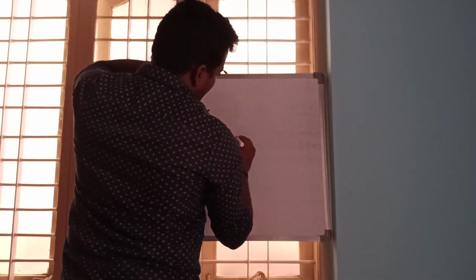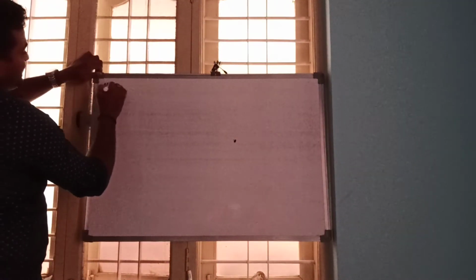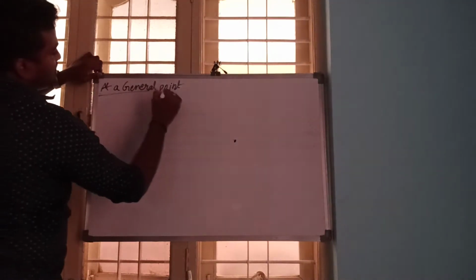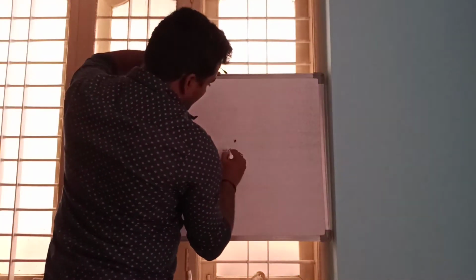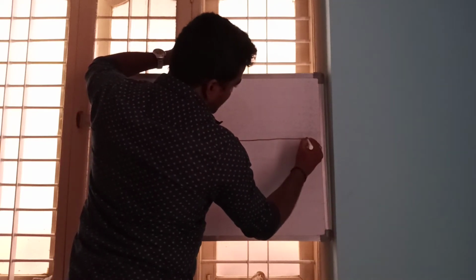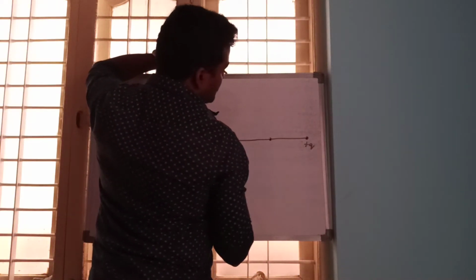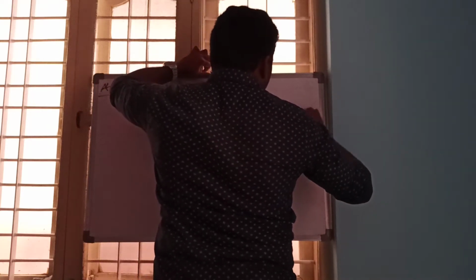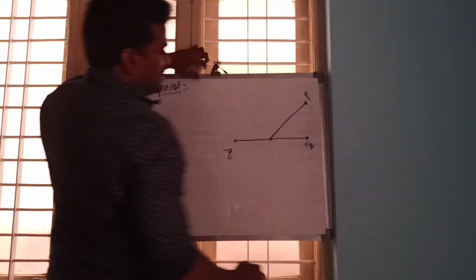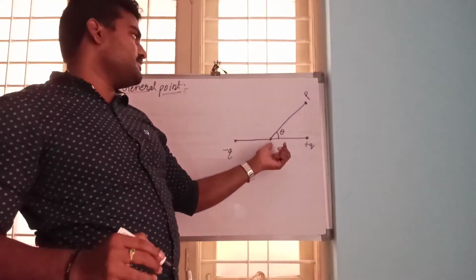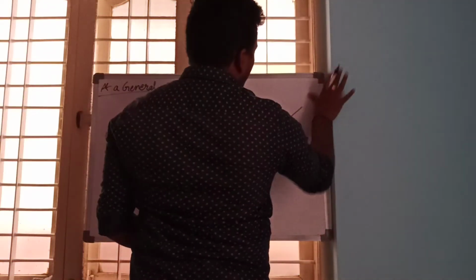If they have given an angle theta, or the point is making an angle theta from the center of the dipole, at a general point, so I am considering a dipole with charge plus q, and from the center of the dipole, at a point P which makes an angle theta with the center of the dipole, we are going to find the electric field at this point.